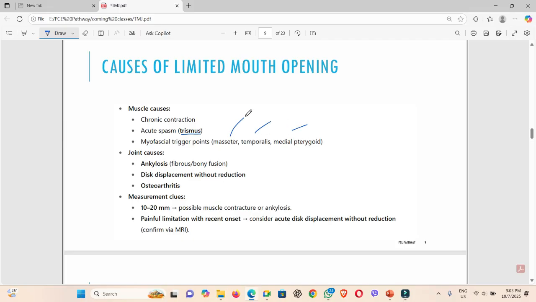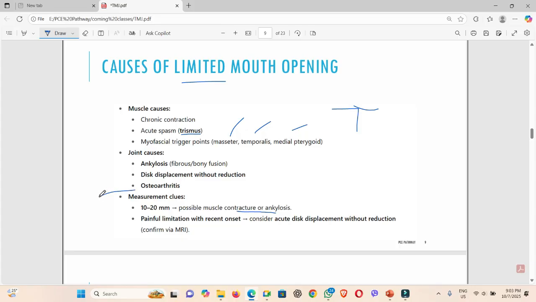TIM: if the muscles that close the mouth are tight, they will definitely limit opening. What are the joint causes? Ankylosis, disc displacement without reduction, and osteoarthritis as well. Measurement clues: 10 to 20 mm suggests possible muscle contraction or ankylosis.